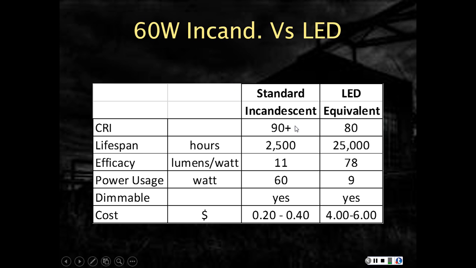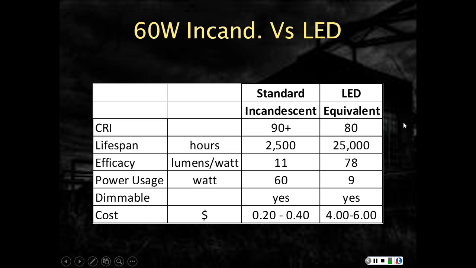Again, really good on the color rendition index, 90. If we compare the LED equivalent to the 60 watt incandescent, the best we can do is 80. So the incandescent wins that fight. Lifespan, for an ultra high lifespan incandescent, we can get up to around 2,500 hours of operation. The LED way outflanks that by a factor of 10.